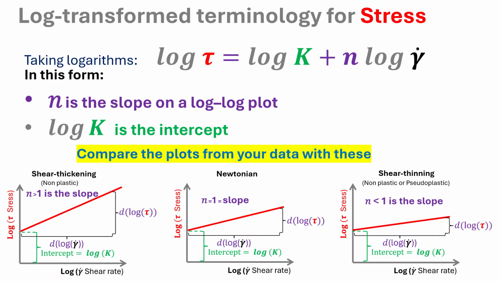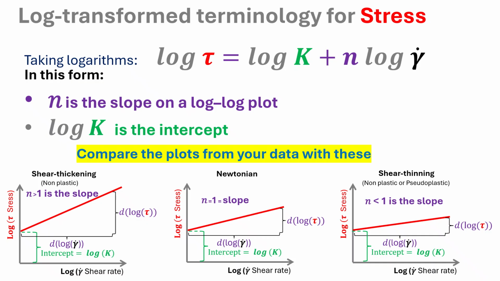So when n is equal to 1, that should be a nice straight line going up at 45 degrees as you plot log of shear stress against log shear rate. If the value of n is less than 1, the slope should be less than 1, and again if the n value is greater than 1, that slope should be much more inclined.